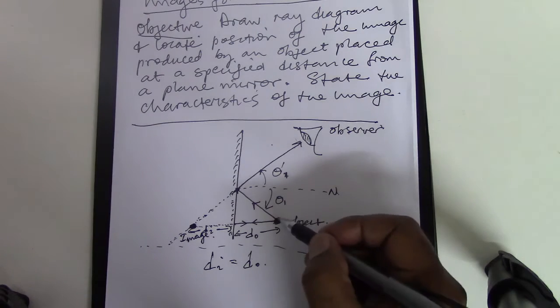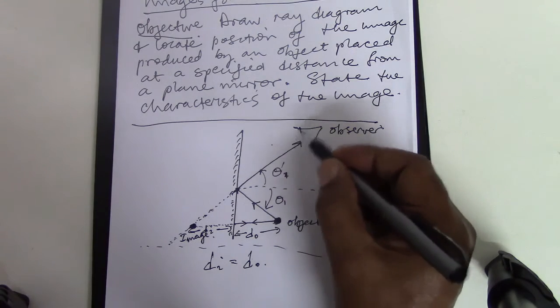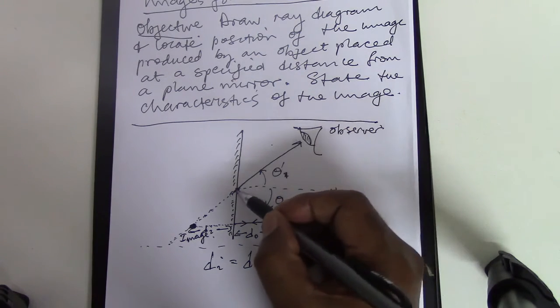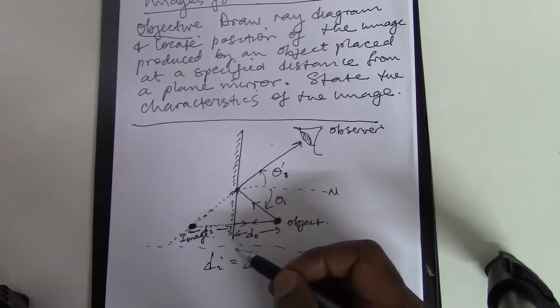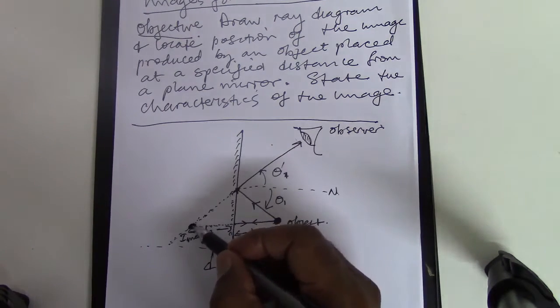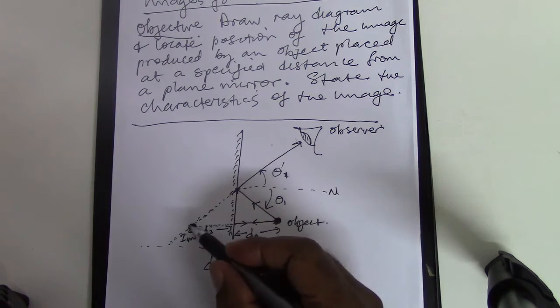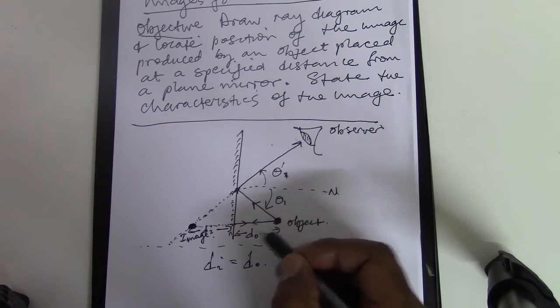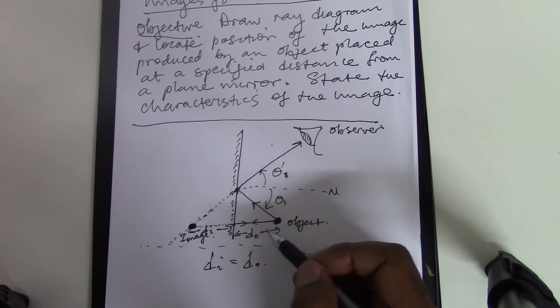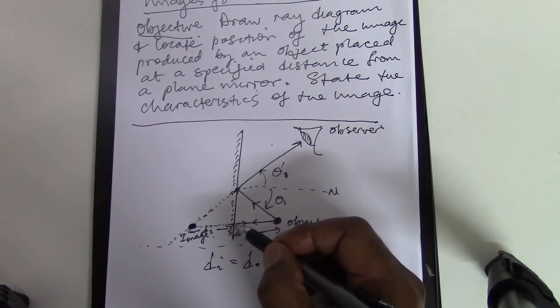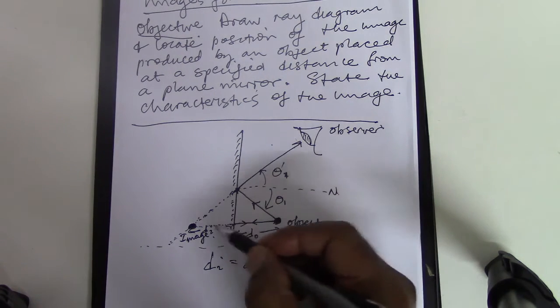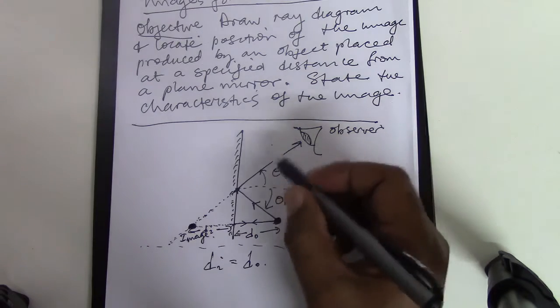What the observer sees is an image behind the mirror, at the same distance from the mirror as the object is in front of it. So this is the ray tracing of an object and its image in a plane mirror.